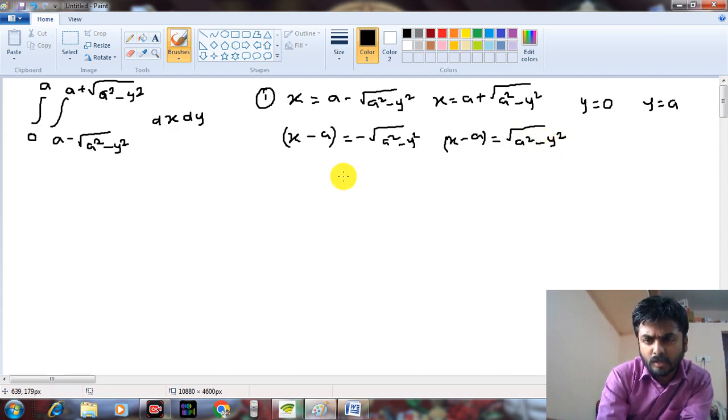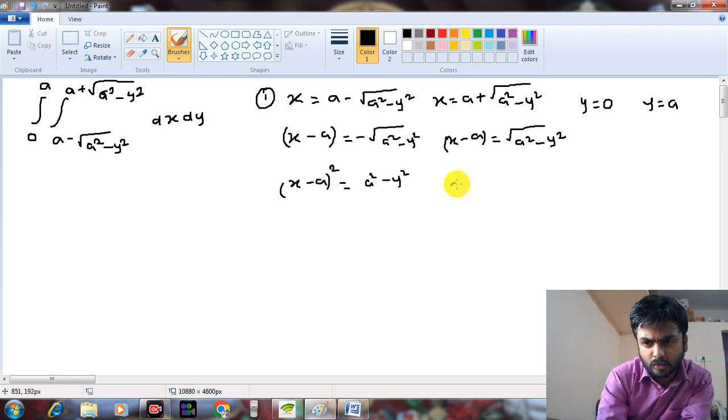So after squaring on both sides, we can write it as x minus a the whole square equal to a square minus y square.